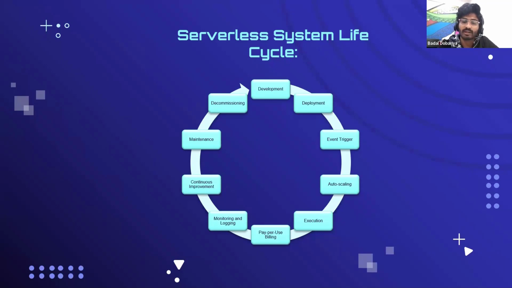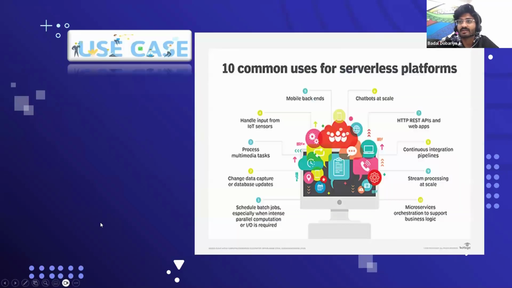Also, you are paying only for what you are using on the system. It also provides monitoring, logging, and all that to keep track of your applications. And there is continuous improvement. So if you want to scale your function as a service, you can do it. Also, it provides you the maintenance and the decomposition properties.